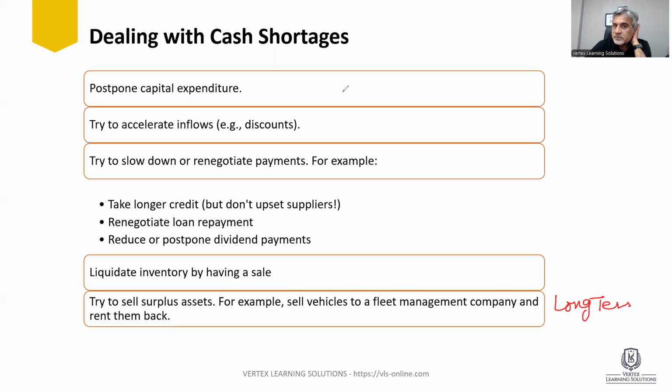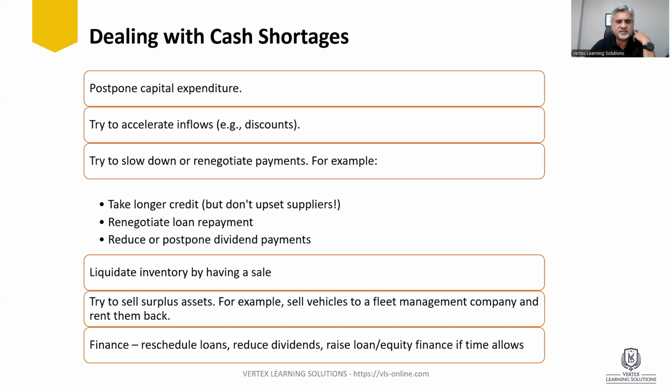So you need to see how big this shortage is. Is it a short-term shortage or a long-term shortage? If it is short-term, you can go for a bank loan for 3 months, an overdraft facility. And then finance, reschedule loans, reduce dividends, raise loans, or equity finance if time allows.